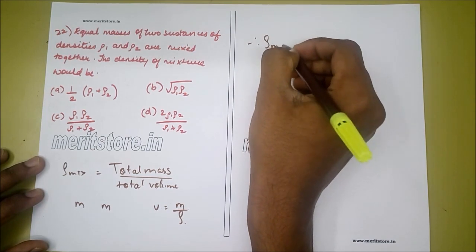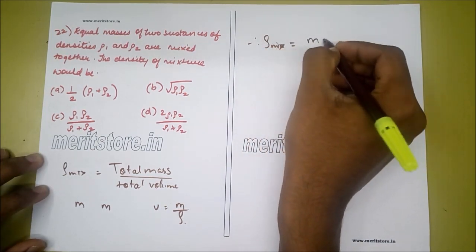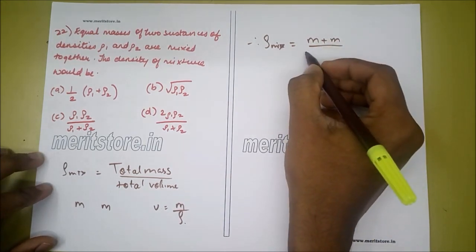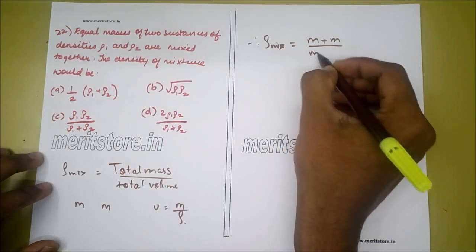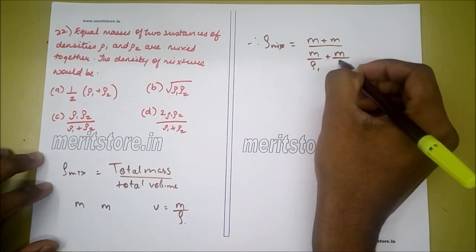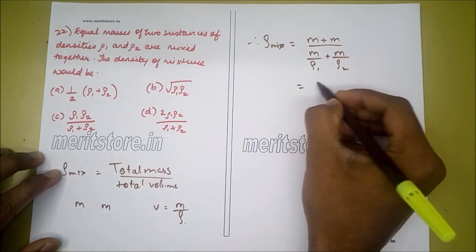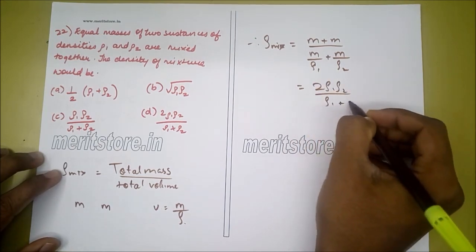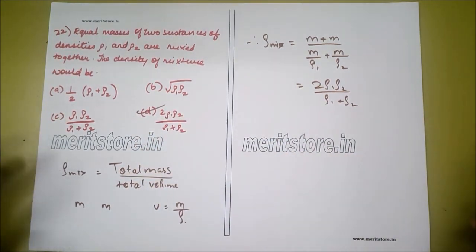So therefore the density of the mixture is equal to total mass, m plus m, upon total volume, which would be the volume of the first substance, m upon ρ1, plus the volume of the second substance, m upon ρ2. Solving this, we get the value as 2 times ρ1 ρ2 upon ρ1 plus ρ2. Hence option D is the correct answer.